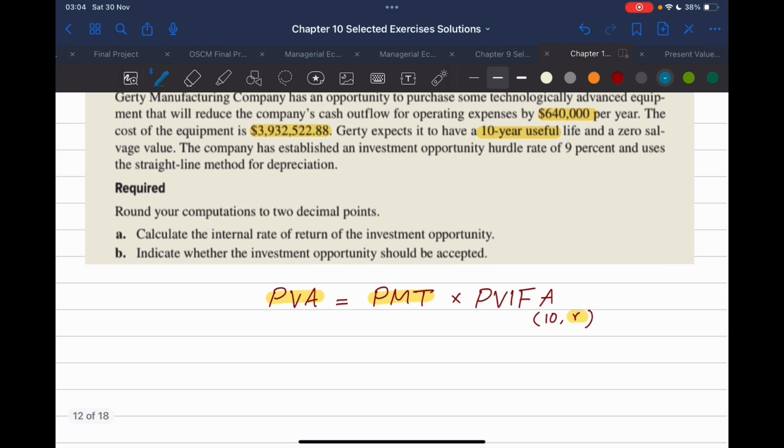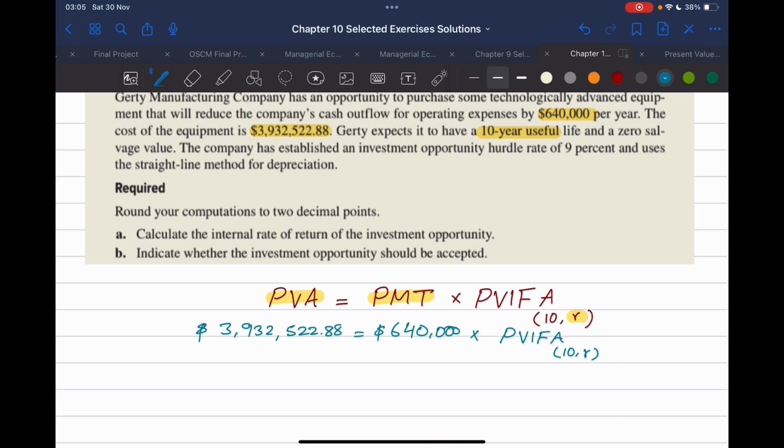So I'm going to substitute: $3,932,522.88 should equal $640,000 multiplied by the present value interest factor of annuity for 10 years and an unknown rate of return.